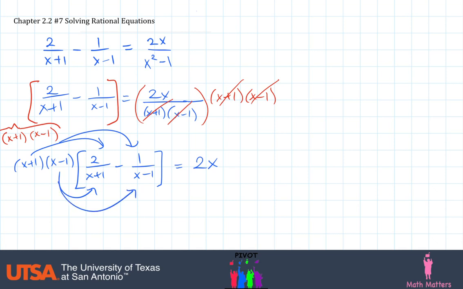So x plus 1 times 2 over x plus 1, that's going to cancel out. But when I multiply x minus 1 times 2 over x plus 1, that will stay. So let me rewrite that over here.